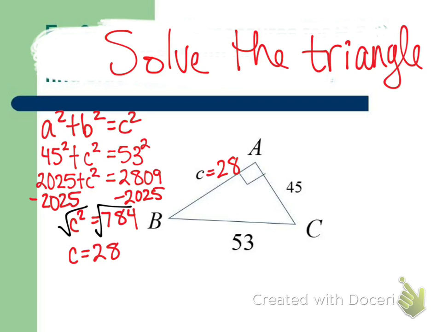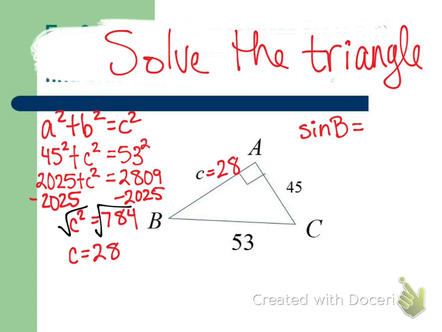Now we need to solve for both of our missing angles. Do we want to start with B or C? Okay, Jaden wants to start with B. If we know all 3 sides, we get to pick whichever trig function we want to work with. Let's do sine. The sine of angle B. Sine uses which 2 sides?